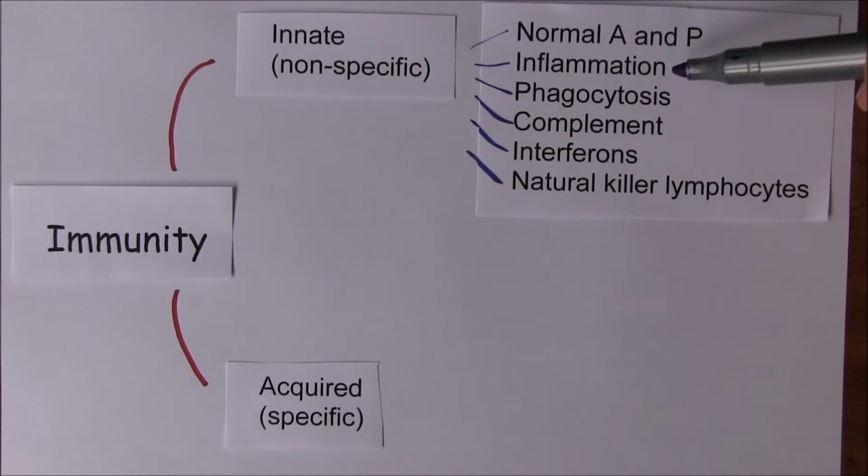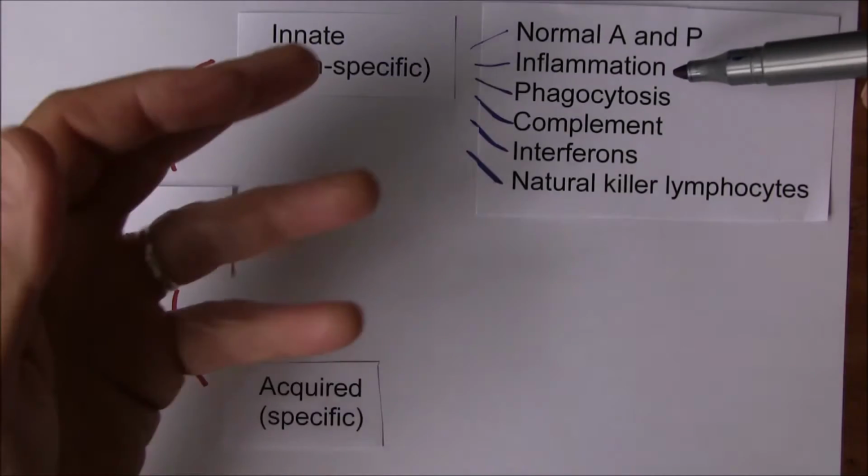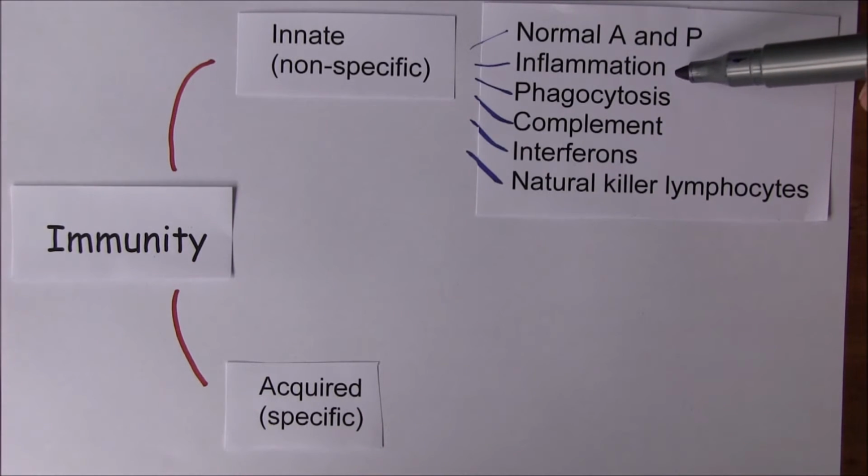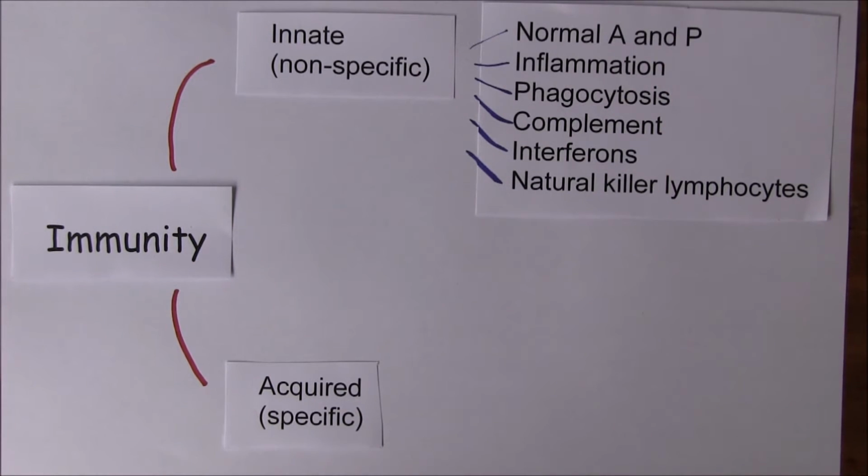And the inflammatory response gets white cells to the area. It gets immune proteins to the area to protect us against infection. And it's also the first stage of the healing process, which in turn is going to prevent further infection because we're going to heal the integrity of the tissue.